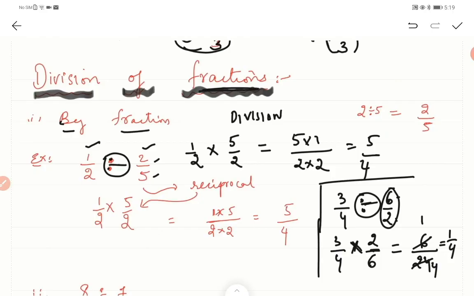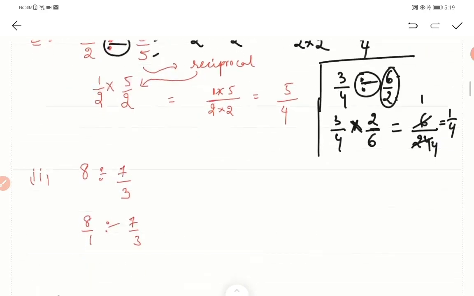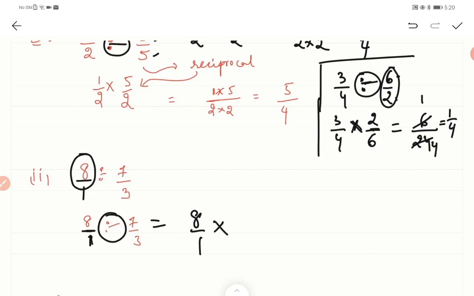Now a fraction when multiplied by a whole number, how will you do this? Okay, so when a number is given, you are taking this as 8 by 1, the same as we had seen above. So when this is 8 by 1, convert this into multiplication. So what you will do for this will be the reciprocal of 3 by 7.